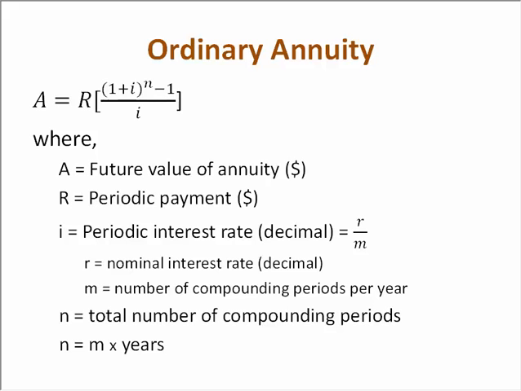I is the periodic interest rate, and it is in decimal form, and it's equal to the nominal interest rate, or oftentimes it's given as the annual interest rate, divided by M. M as in Mary, that's the number of compounding periods per year. 1 plus I is raised to the n power, where n is the total number of compounding periods over the life of the annuity. And n can be calculated by multiplying M, the number of compounding periods per year, times the number of years that the ordinary annuity is in existence.